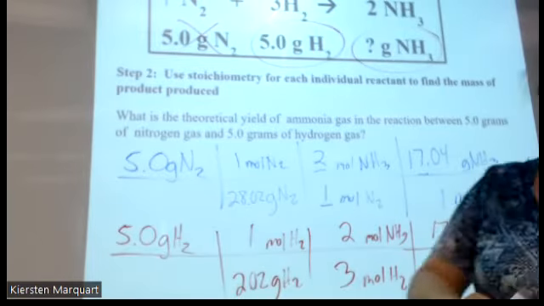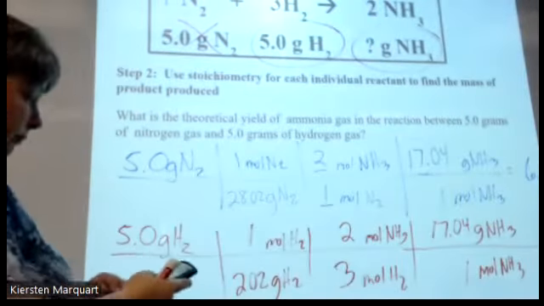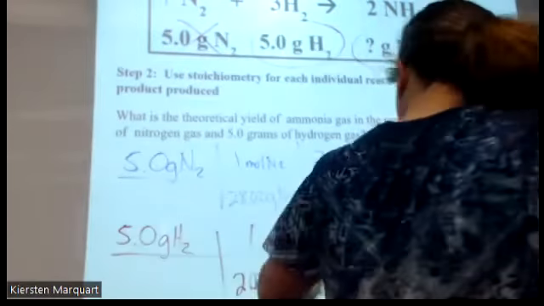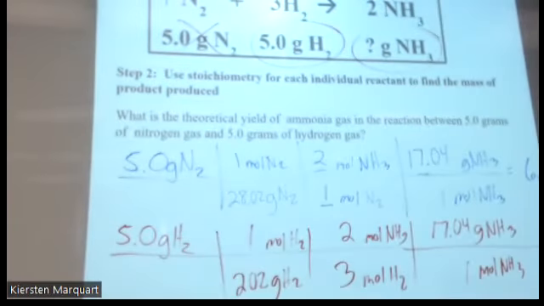Okay, now we do the math on that one. And again, to 2 sig figs, we're going to get 28 grams of NH3.